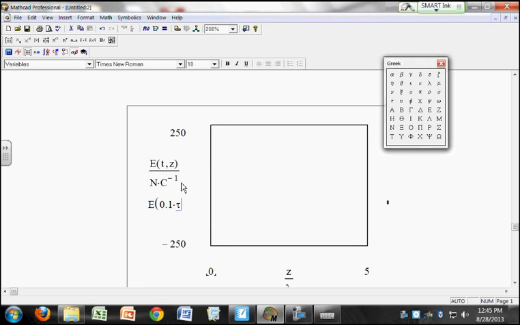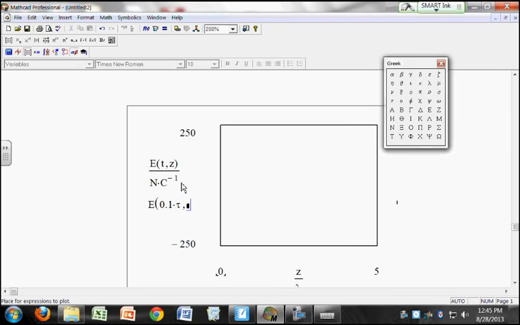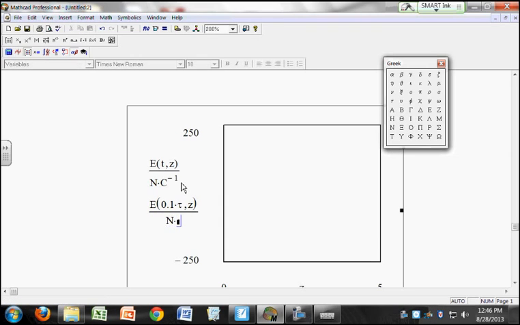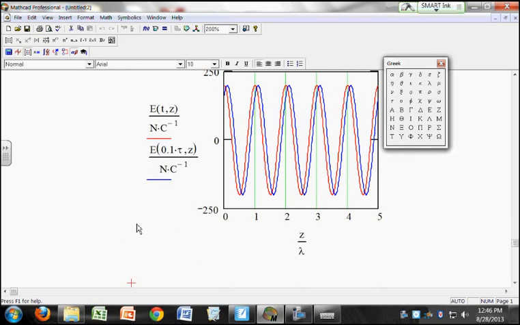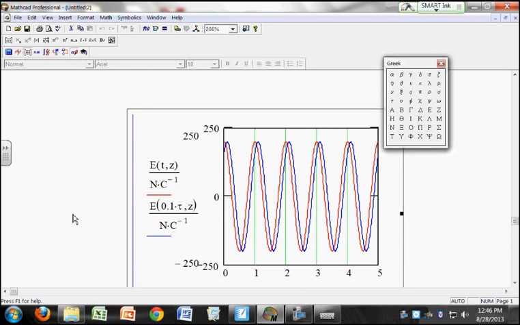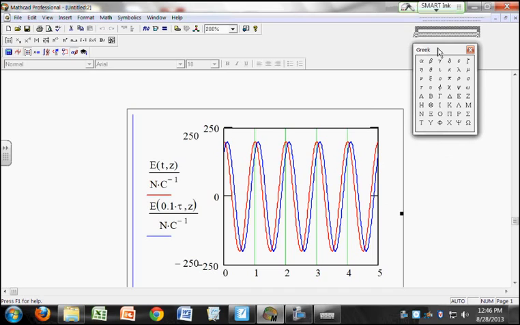So instead of 0 I'm going to put 0.01 times tau, z, over newtons per coulomb. And you can see what happens there. The blue curve, you can see your wave has moved, right? The red curve, a tenth of a period later, it's already advanced a tenth of the way towards where the next cycle will begin. Okay?